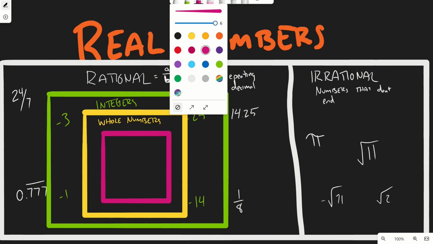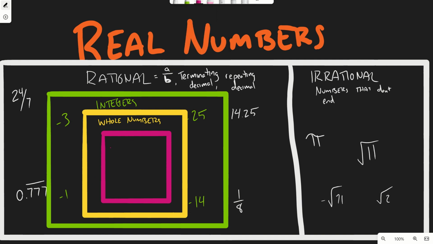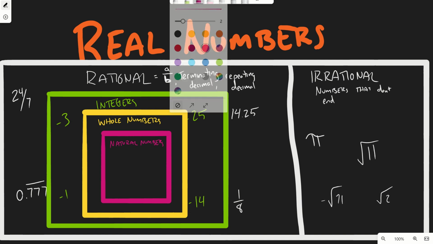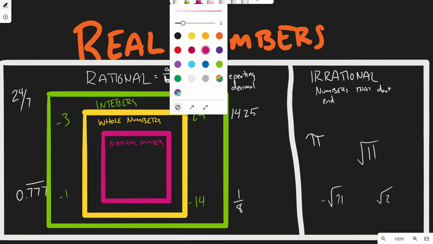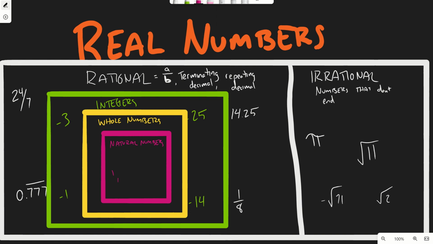So we have whole numbers, and then here we have natural numbers. Natural numbers are numbers we count with. When we count, we talk about our natural numbers: 1, 2, 3, 10, 18. Think about the first numbers you learned. Those are the natural numbers.